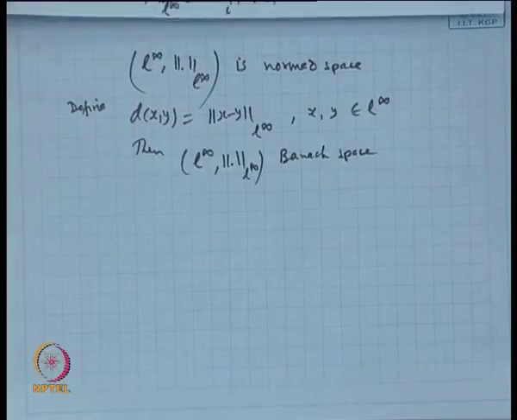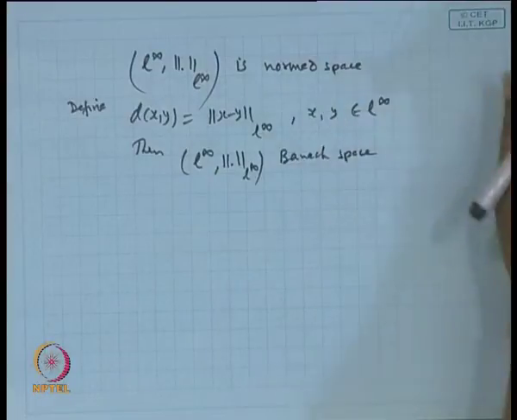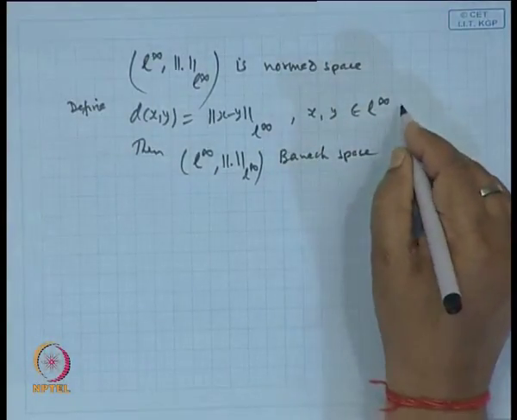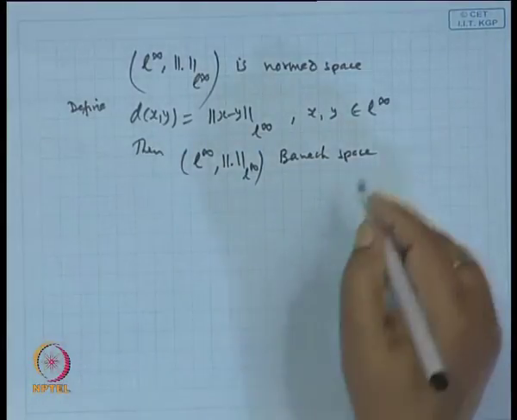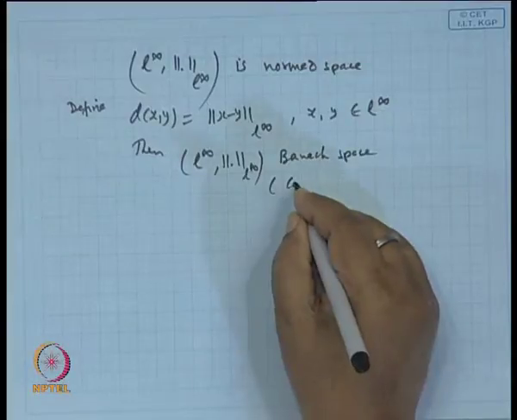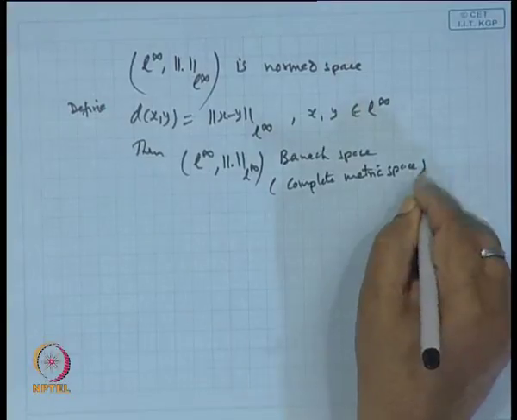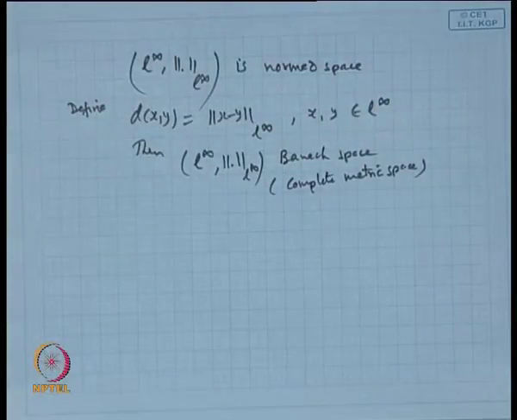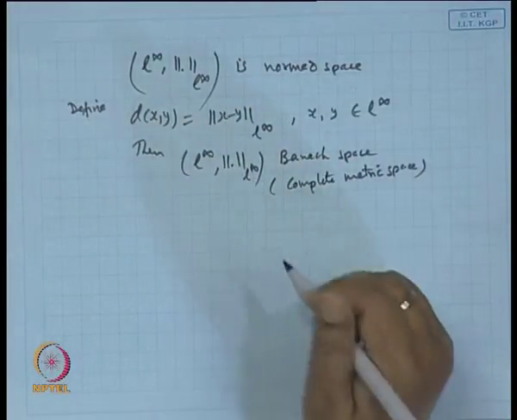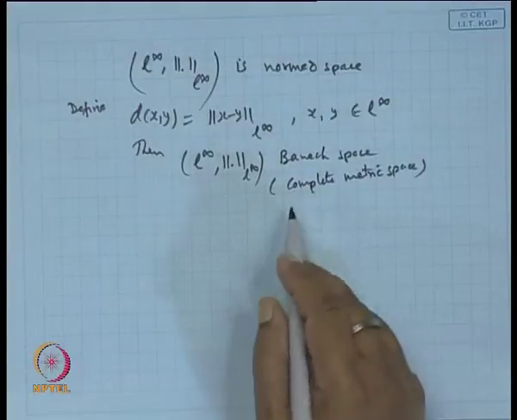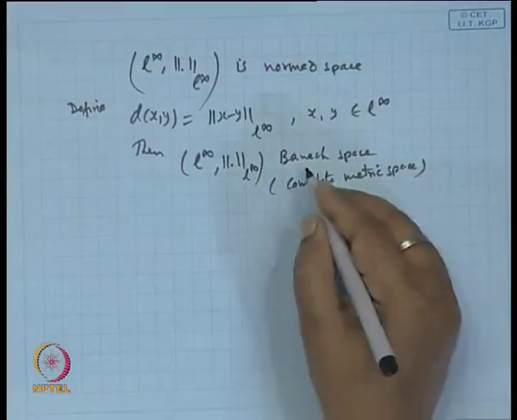This forms a Banach space, because under this metric it becomes a complete metric space. (L infinity, d) is a complete metric space, so this is a Banach space.